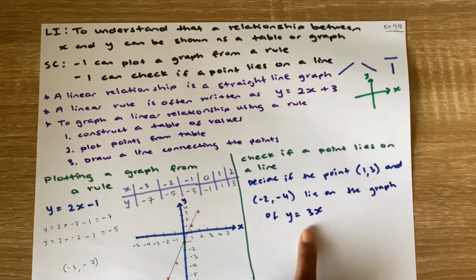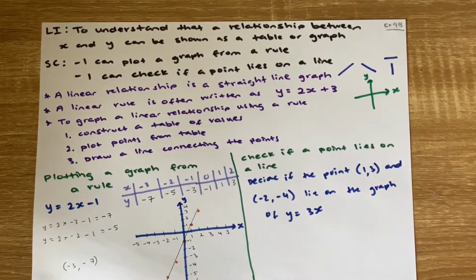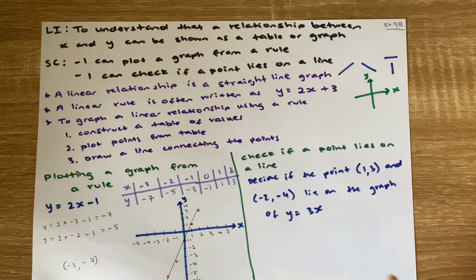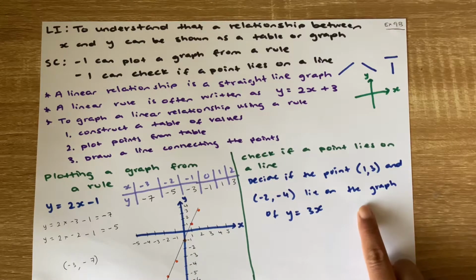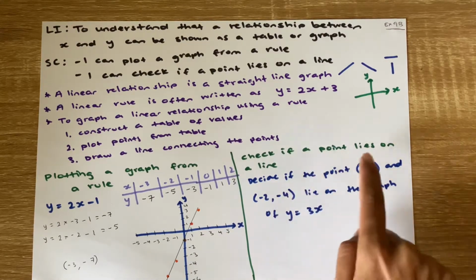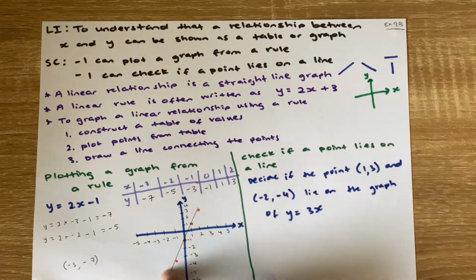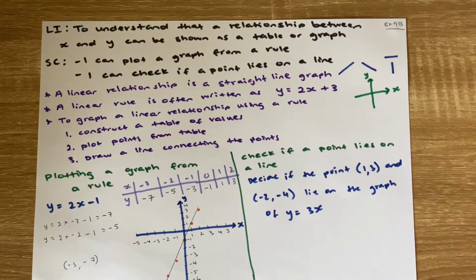So they've given us a rule, they've given us two sets of coordinates, and they're asking us to see whether if we were to draw the graph, would these coordinates be on that line? So the way that we solve this kind of question is as such.